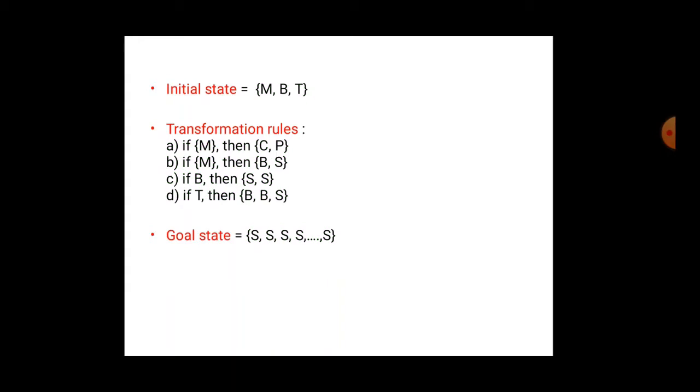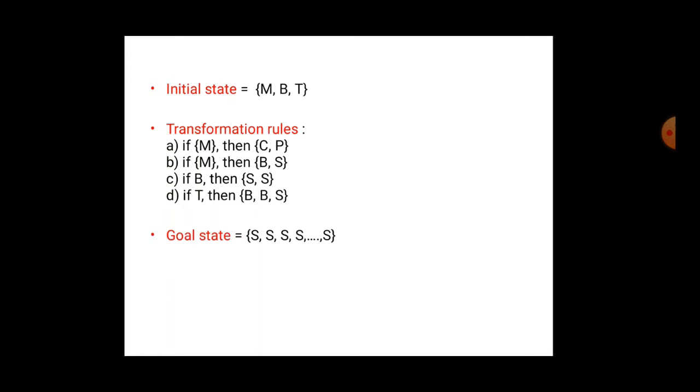If we have a node which is composed of M, that is winning match, then it has to be replaced with C and P, or it can be replaced with B and S. If we got B in the node, then it can be exchanged with 2S, that is 2 stamps. And if we got a node with T, then we can exchange it using 2 bats and 1 stamp.